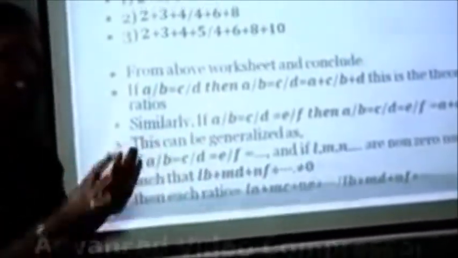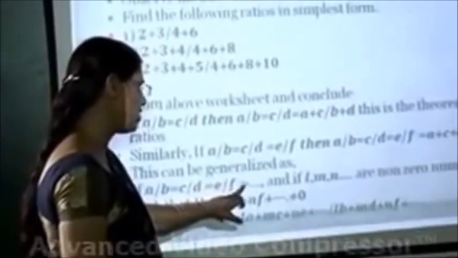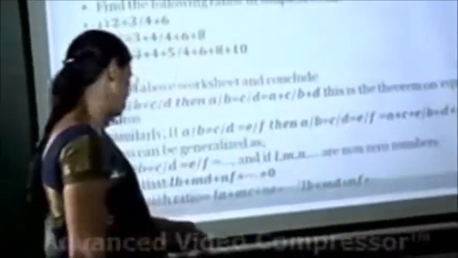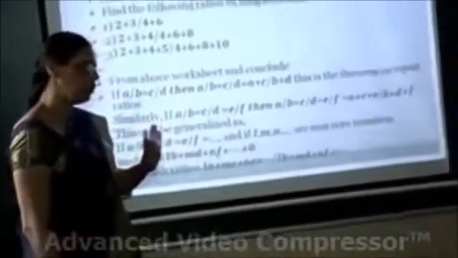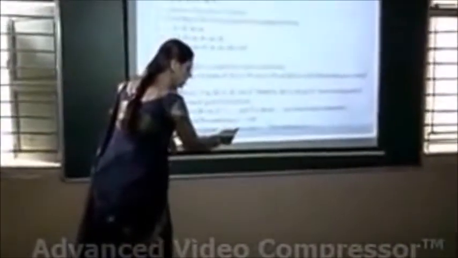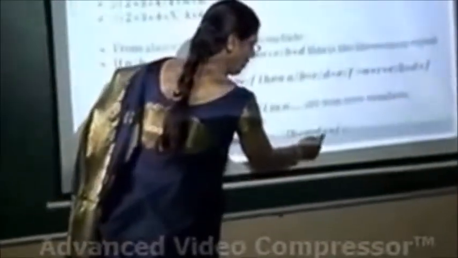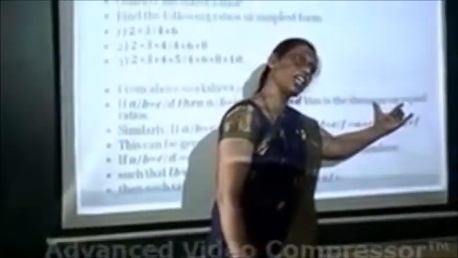Then we can generalize this: if A upon B is equal to C upon D is equal to E upon F and so on, and if L, M, N are non-zero numbers such that LB plus MD plus NF and so on is not equal to 0, then each ratio is equal to LA plus MC plus NE and so on upon LB plus MD plus NF, and this is nothing but the theorem on equal ratios.